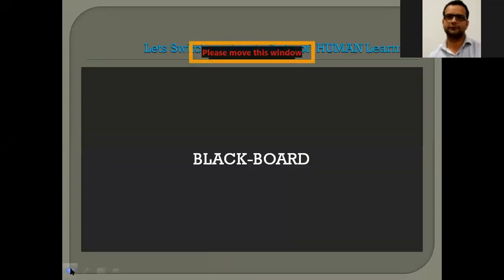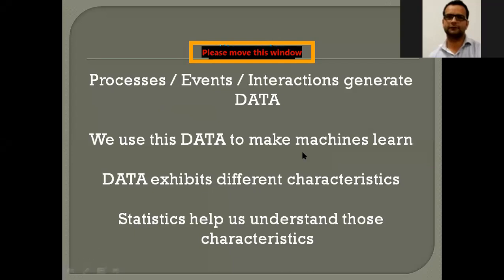So in our previous session, I mean the first session, we had an introduction to what we are going to do, and let's recap what we are up to. We have processes, we have events, and we have interactions, and all those things generate data. We use this data to make machines learn, and then we found that data may exhibit different characteristics.